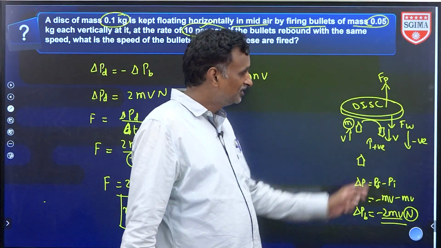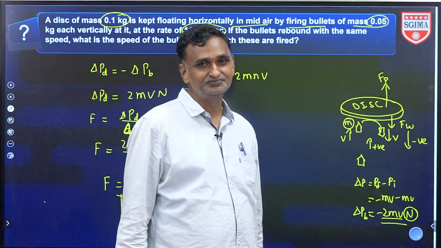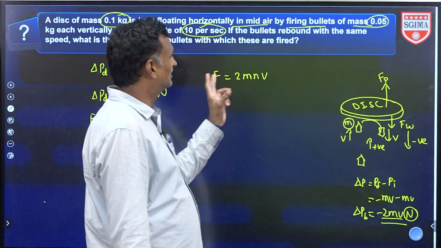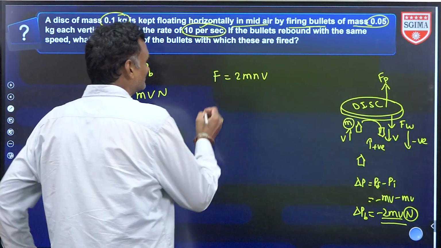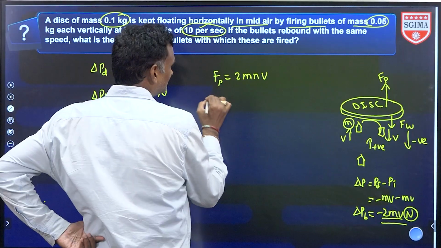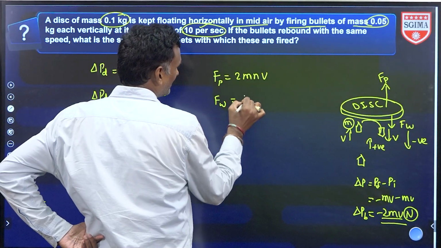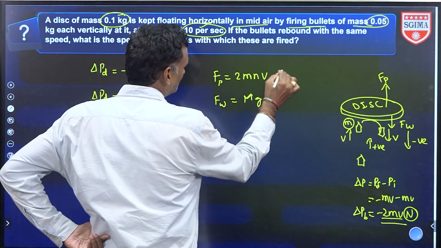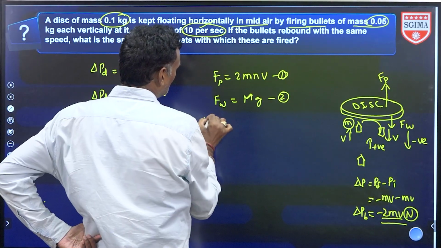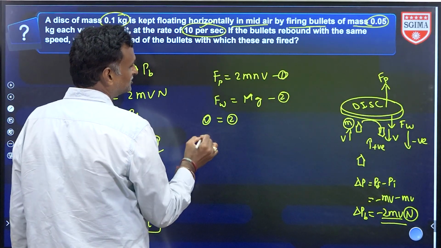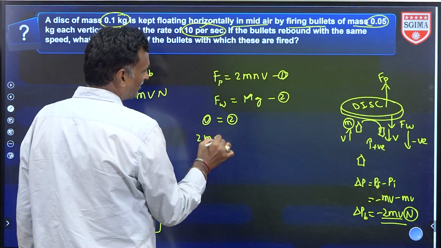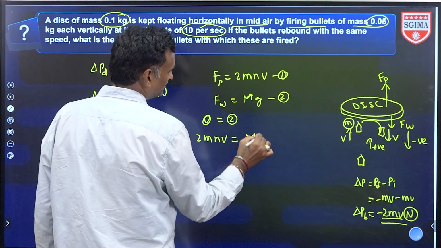If both are balanced, then only the disc will float in the air. So the momentum change force is 1 and the weight force Mg is 2. 1 equals 2 because it is kept floating in the air. So we can write 2mnv equals Mg.